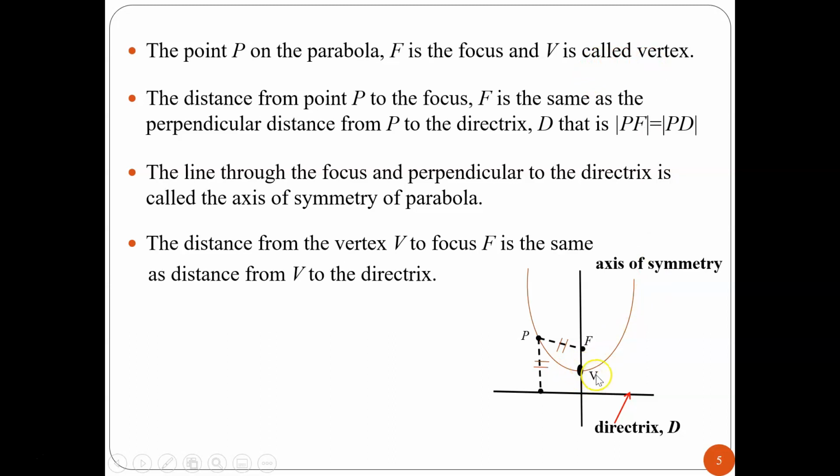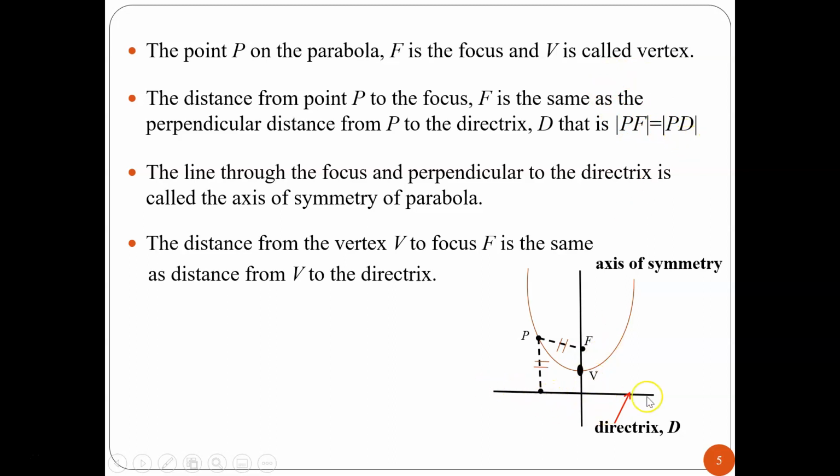So we call it V, capital V. F is our focus. The distance from point P to the focus is the same as the perpendicular distance from P to the directrix. So we can write it down as this: P to F is equal to P to D.